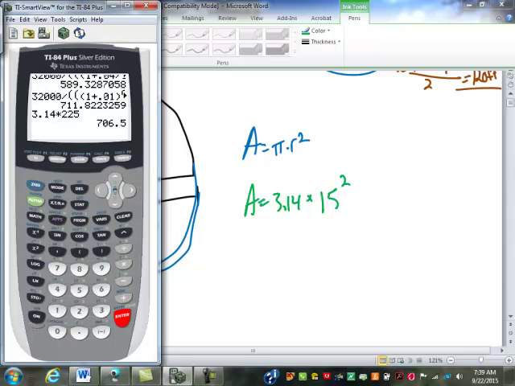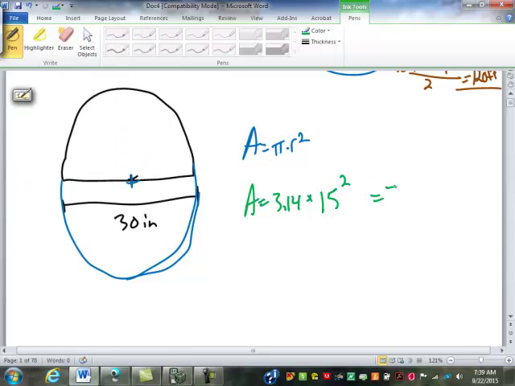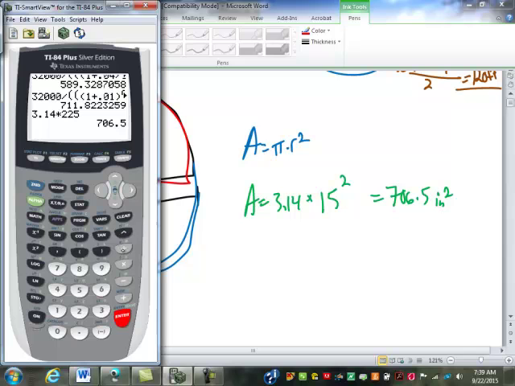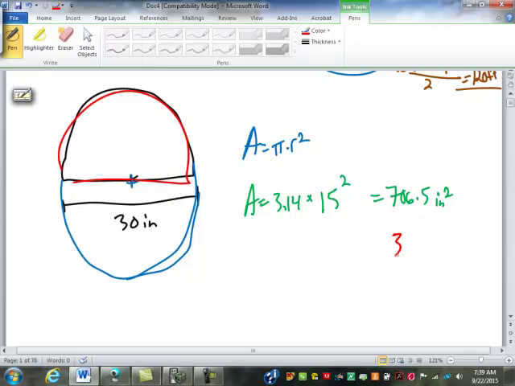Giving us 706.5. So is that our answer? No. Because we only have half the circle, so we have to divide by 2. Give us 353.25. What do you think? Not so tough?